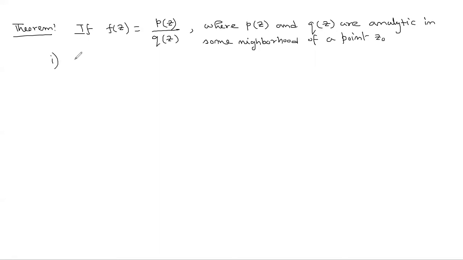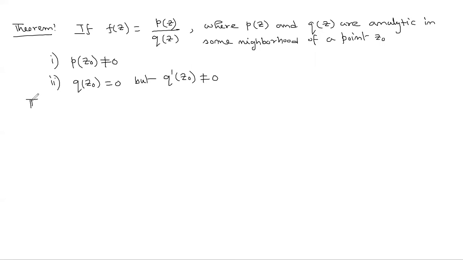Next, if p of z0 is not equal to 0 and q of z0 is equal to 0, but q dashed of z0 is not equal to 0, that means z0 is a simple zero of the function q of z.